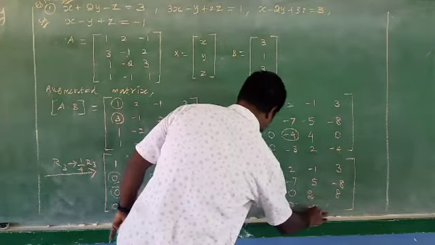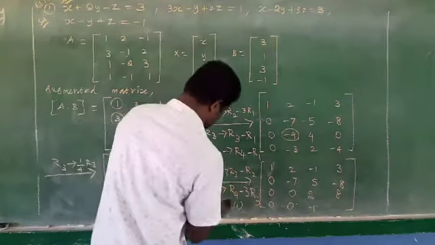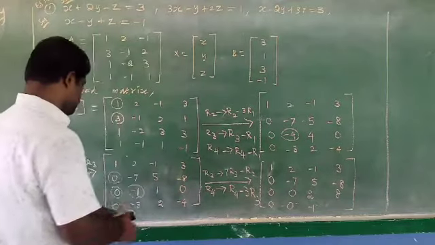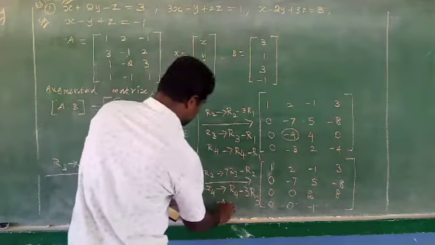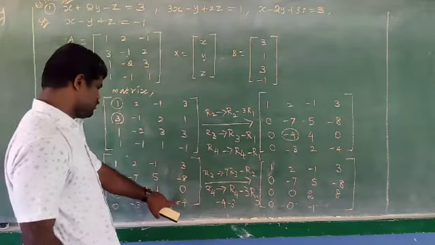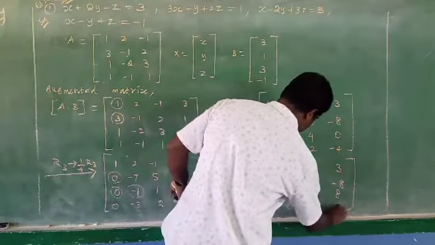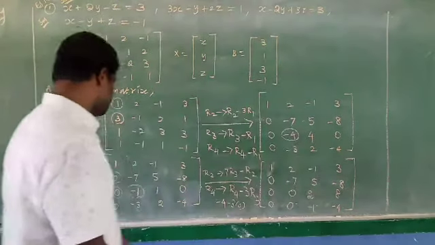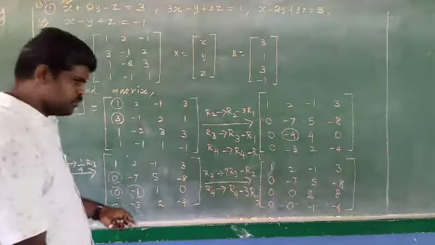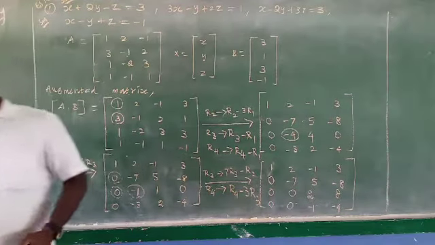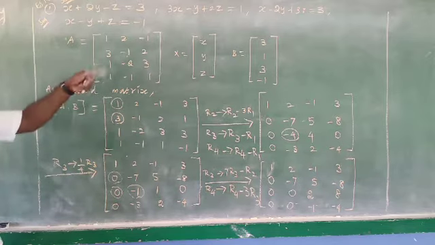Minus 3 plus 2, minus 1. Okay, right. And here is R4 value minus 4 and minus 3 into what is R3 value? 0. So the answer is minus 4. You can note at this one. After that, I drop this.